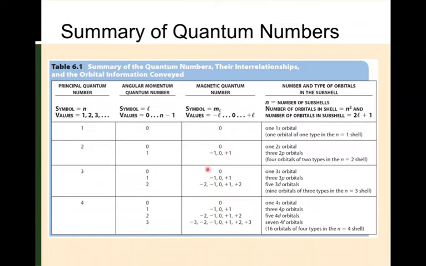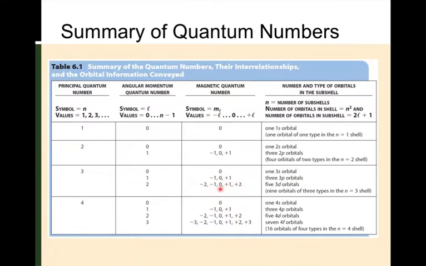Okay. Then in the case of n is equal to 3, we have angular momentum quantum numbers of 0, and also 1 and 2. So the ml values for L is equal to 2 go from minus 2, minus 1, 0, plus 1, and plus 2. So the number of ml values is 2L plus 1. So L is 2. 2 times 2 is 4, plus 1 is 5.